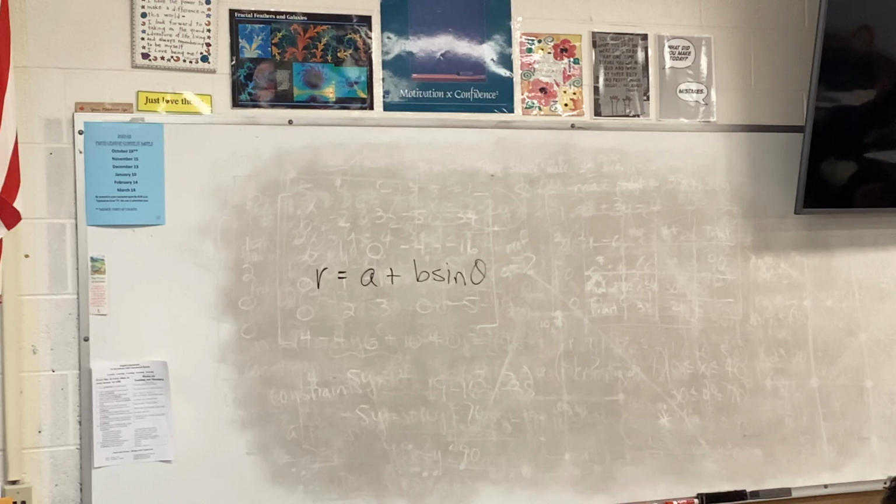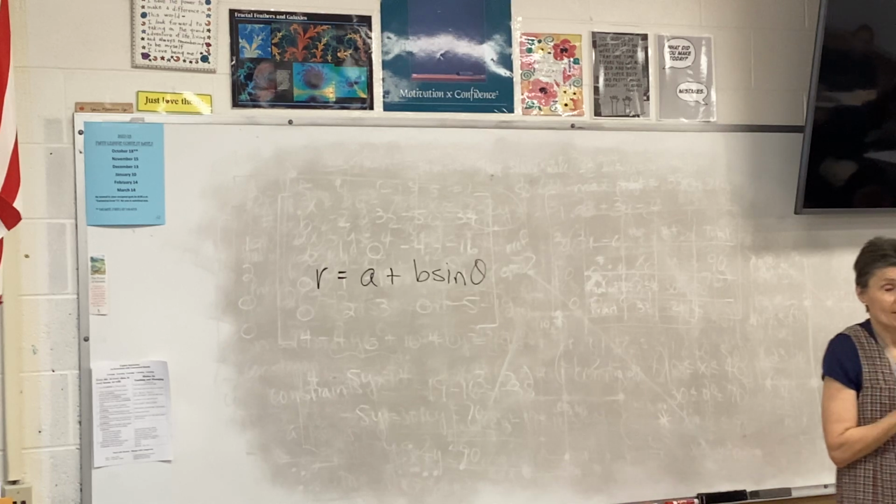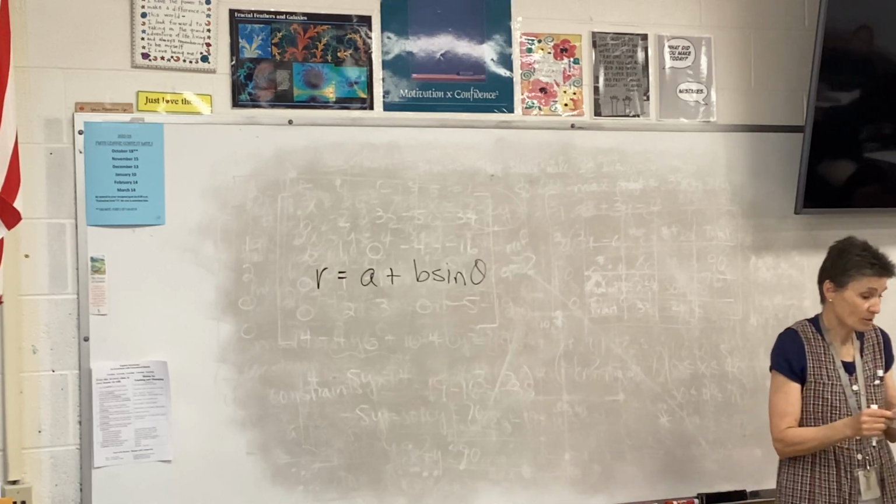You're going to have a loop in there. Now, if B and A are the same, we talked about this yesterday, then we have a cardioid because the indentation is right there at the origin. And that's a cardioid, an indentation at the origin.